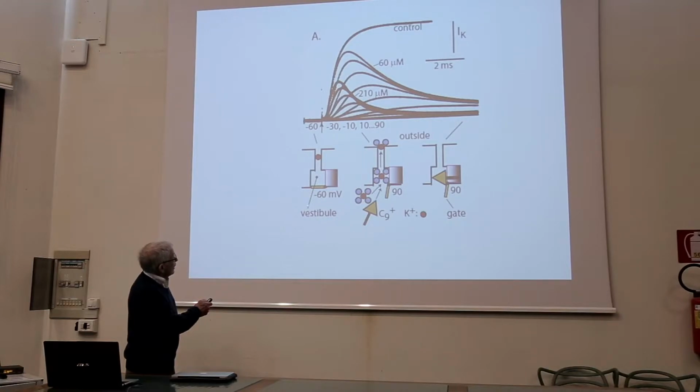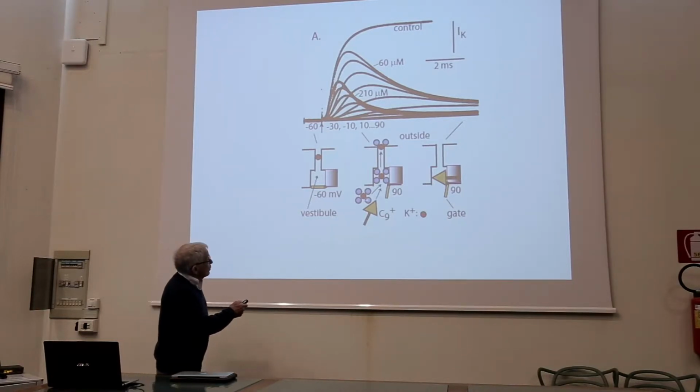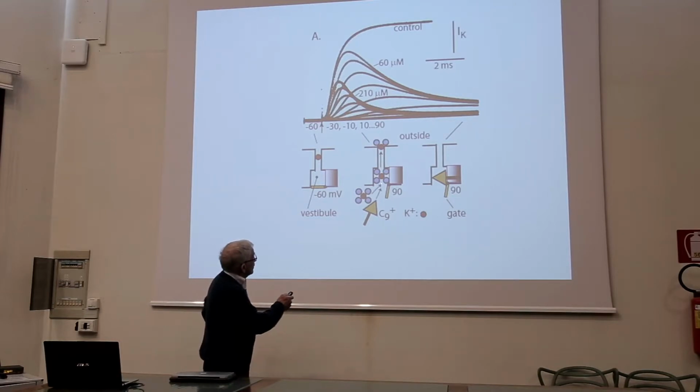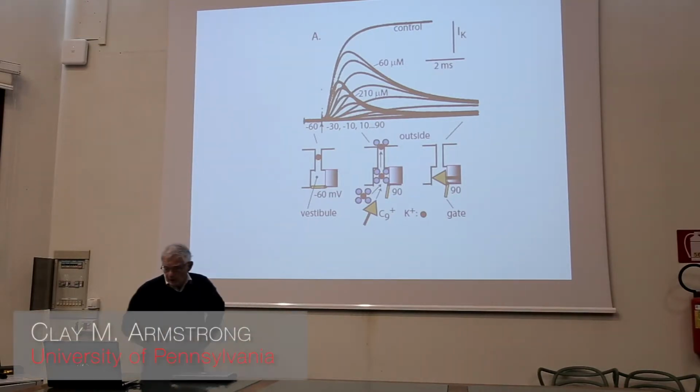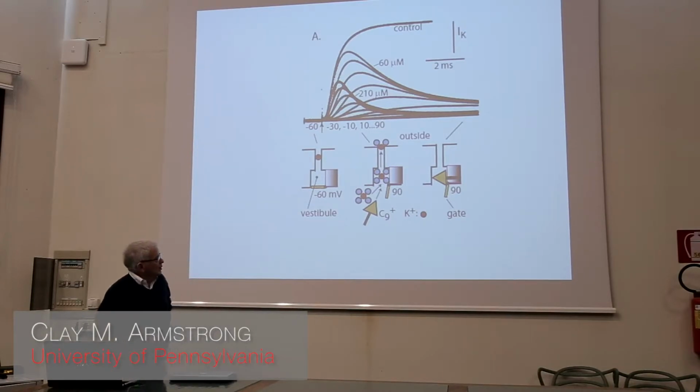So the idea was that the channel looked something like this. It had a narrow outer part, which was too big for the complete C9 molecule, so that it couldn't go in here, but the potassium ion could lose its waters of hydration and go out through this part out here, which Bezanilla called the selectivity filter.